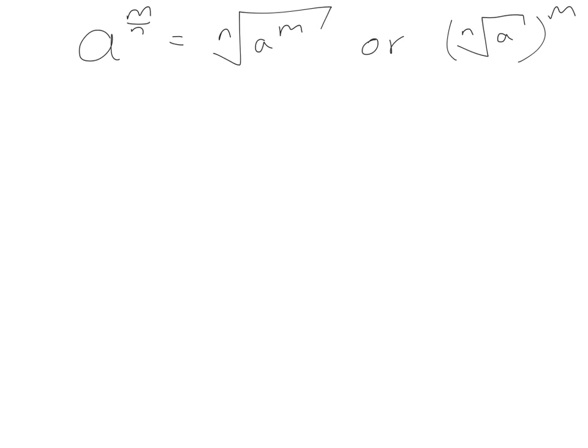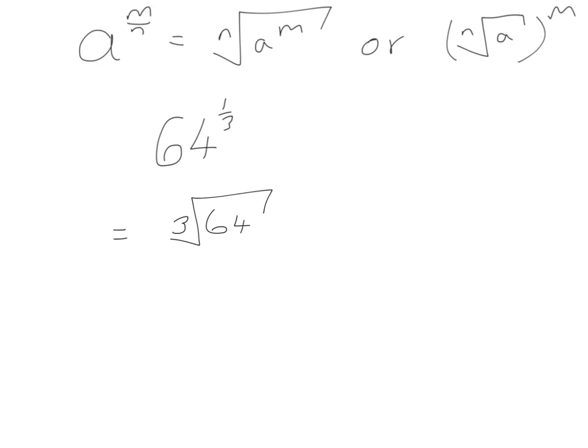If we're to just look at a few quick examples, let's say we had to do 64 to the power a third. What we need to do is first write it in one of these forms. So I'm going to write it in the form the cubed root of 64.